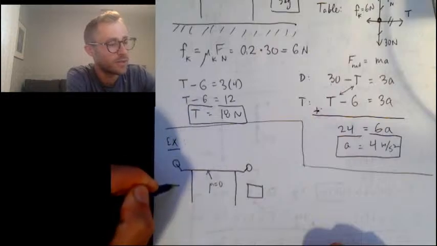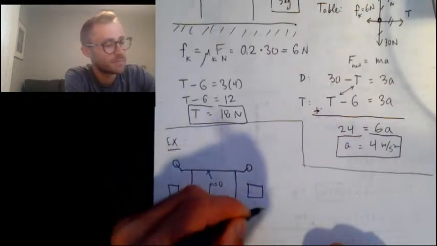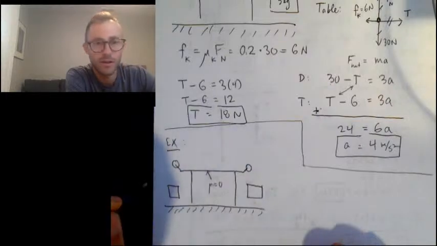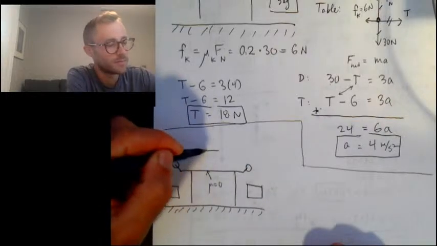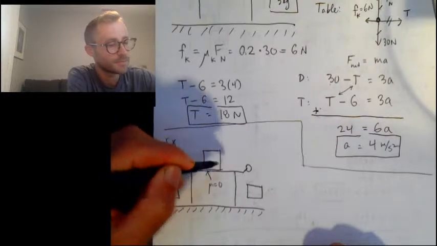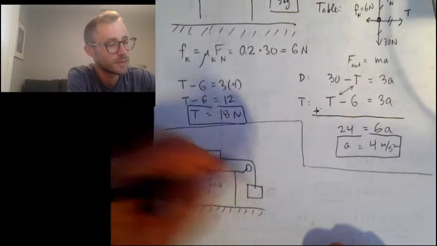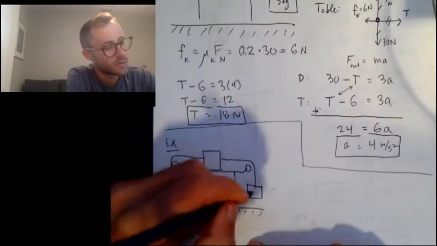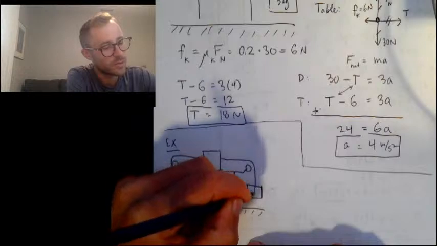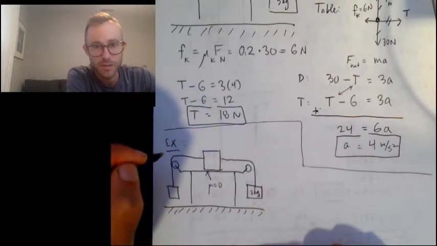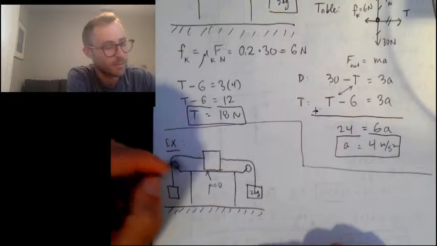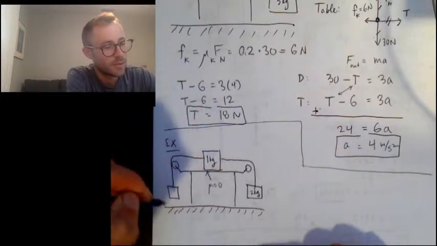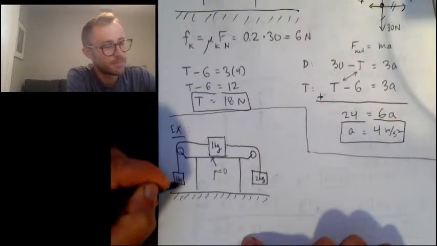And we've got a dangling mass on either side, and then a mass in the middle that is on the table. Let me give these some numbers. Let's say that this is 2 kilograms, maybe this is 1 kilogram, and this is also 1 kilogram.